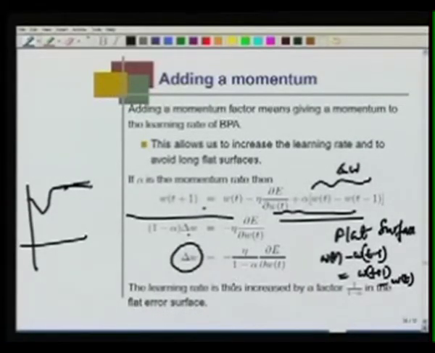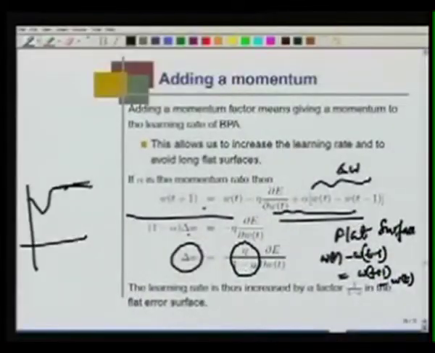Normally delta W is eta del E upon del Wt, but introducing this heuristic term, I am able to increase the learning rate by a factor eta by 1 minus alpha, and alpha is less than 1. So, if I say alpha is 0.5, then 1 minus 0.5 is 0.5. So, the effective increase in the learning rate is twice.